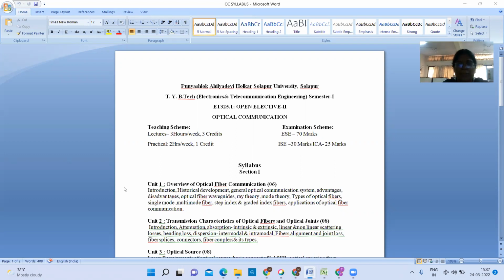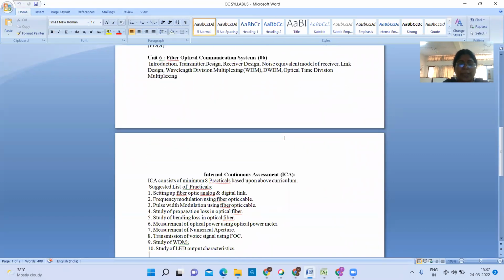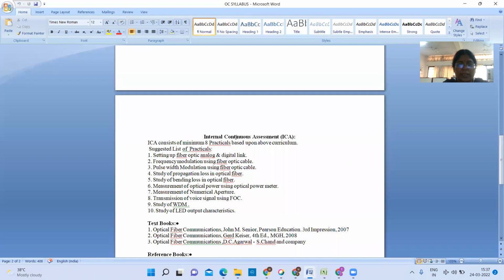So I will first show you the list of experiments as per the syllabus. As per the syllabus, we have to perform a minimum of 8 practicals. These practicals are required for term work, though there is no external practical oral examination.